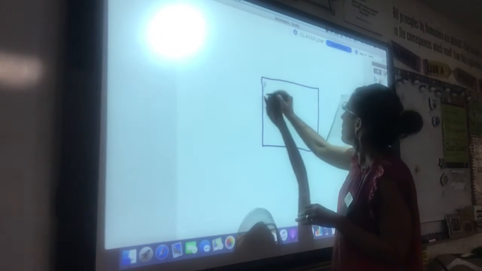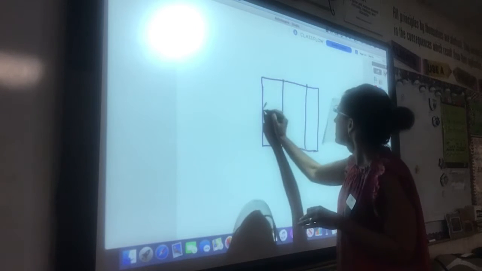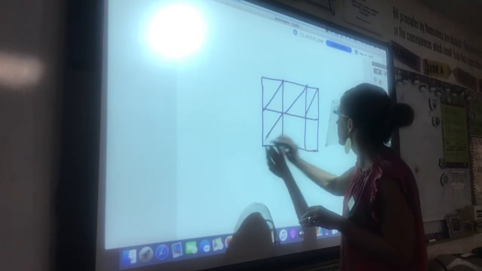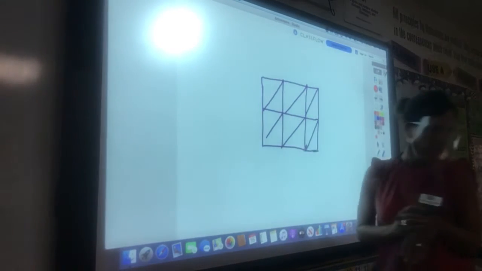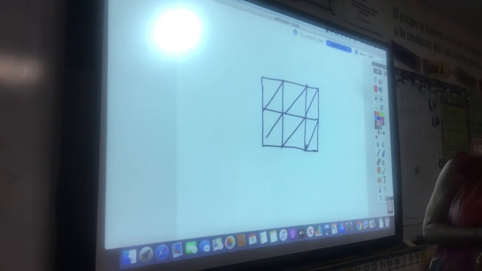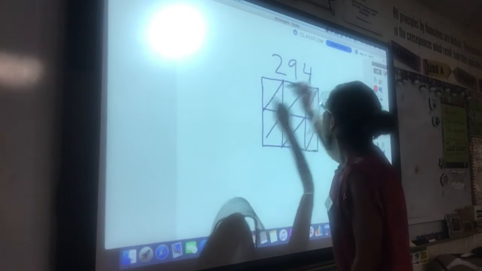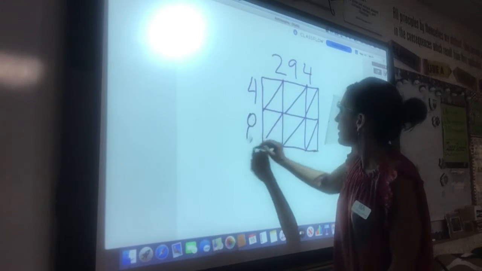So we need 3 columns and then 2 rows, and we know where they're going to be split like that. And let's do 294 times 48. 294 times 48.